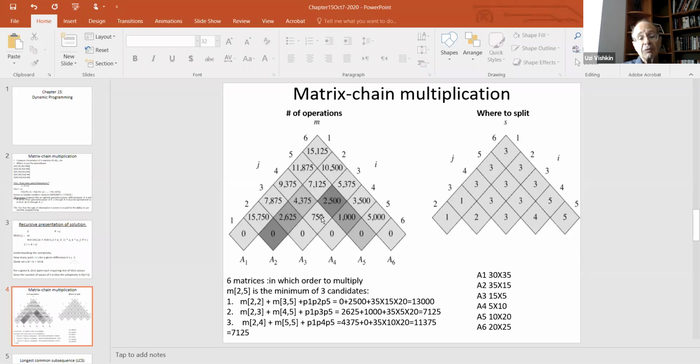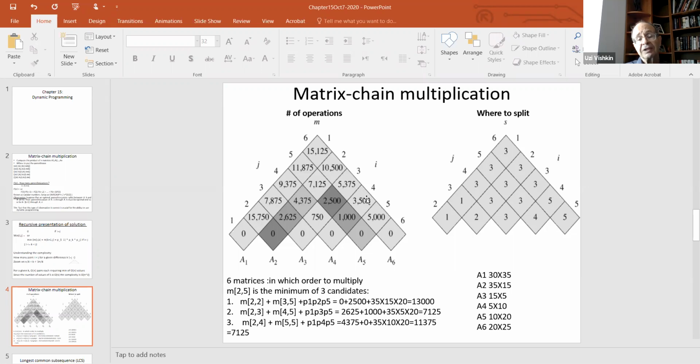So what do we see here? As you remember, we go from i to j. i is the smaller number. So we put the first dimension of i here, 1, 2, 3, 4, 5, 6.